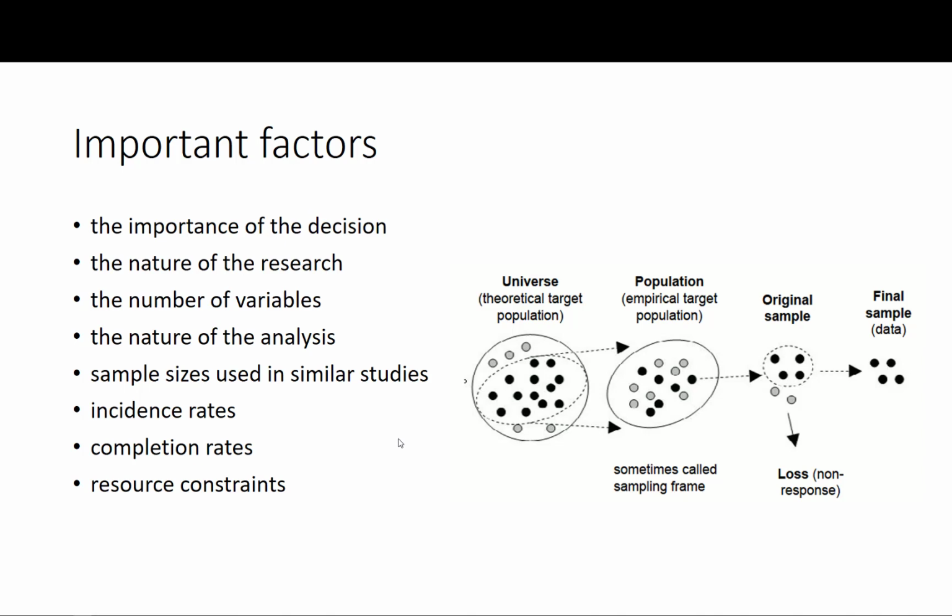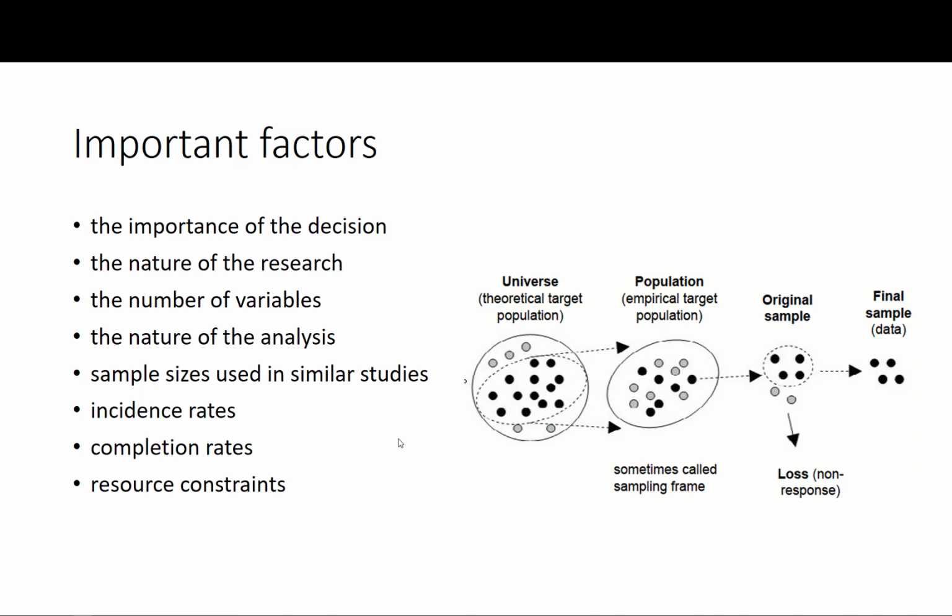The number of variables in your questionnaire, so the number of ideas that you are trying to test. So these are concepts and theories that I talked about in the last lecture. So what happens here is the higher the number of variables you include in your questionnaire, the larger the sample size you require.